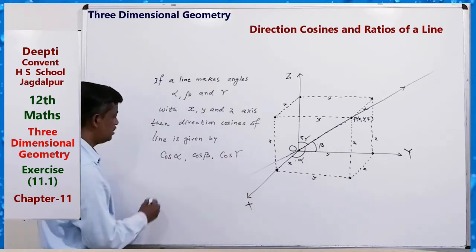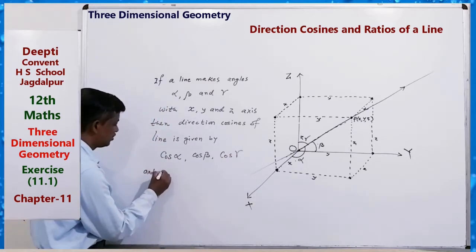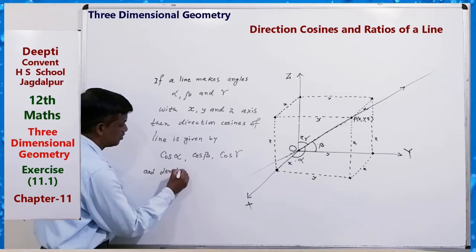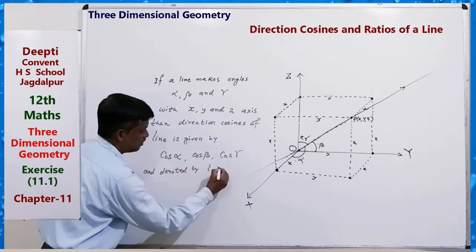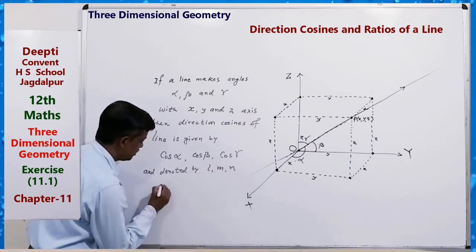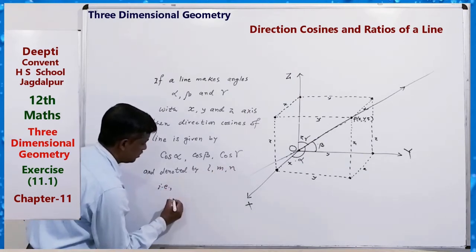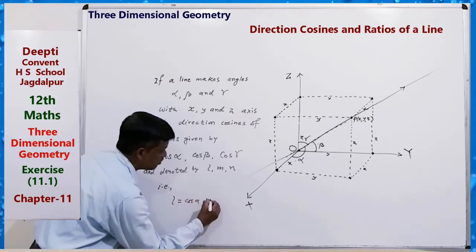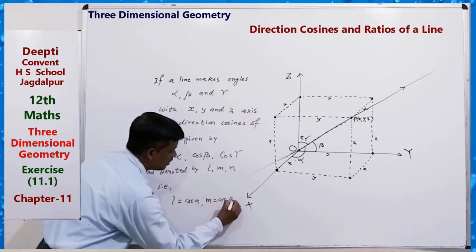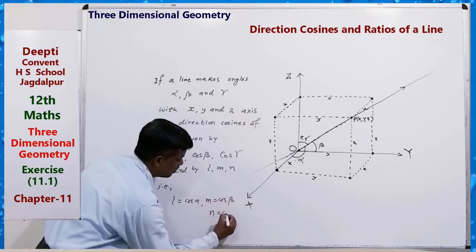These are denoted by L, M, N, that is, direction cosines. L equals cos alpha, M equals cos beta and N equals cos gamma.